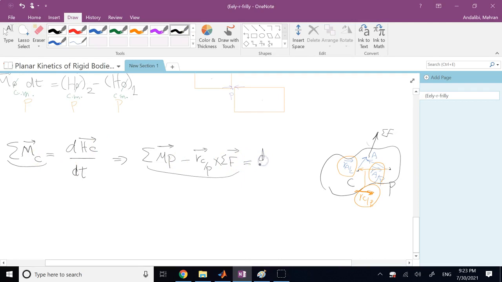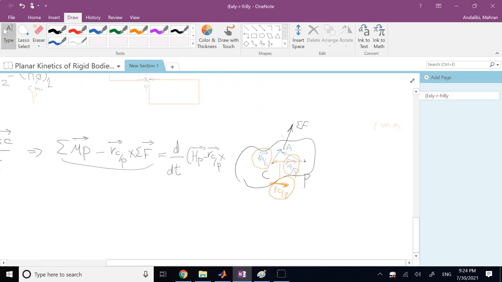So I can write it as d over dt of H about P is H about C plus, if you squeeze all of the velocity in point C, and then cross multiply R of C with respect to P times that. So H of C can be written as H of P minus R of C with respect to P cross MV.